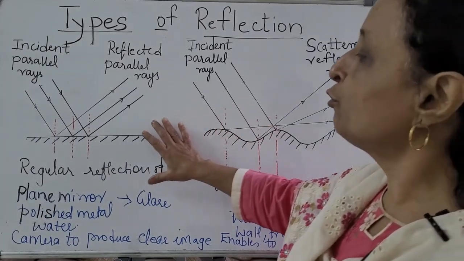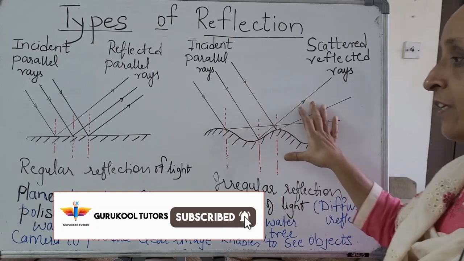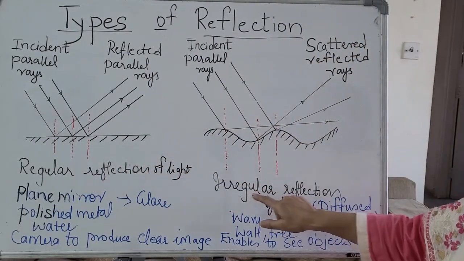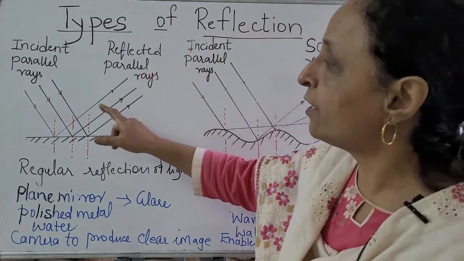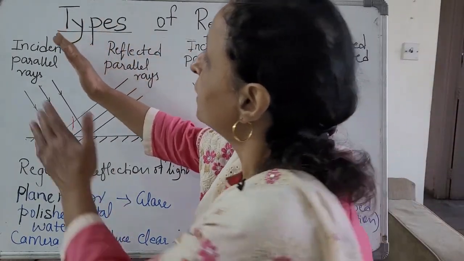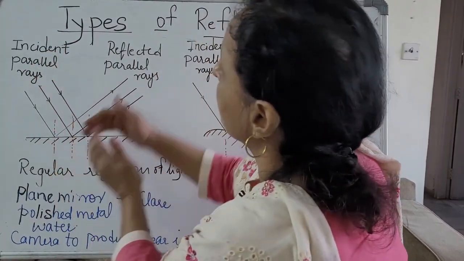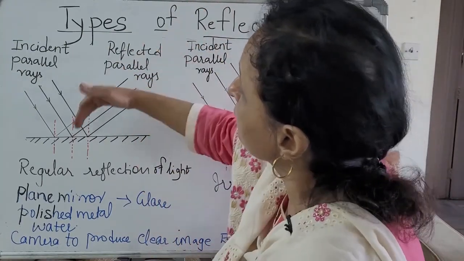Now, there are two types of reflection. One is regular reflection of light and the other is irregular reflection of light. What is regular? When the incident rays are parallel, the reflected rays are also parallel. You can see these are parallel.